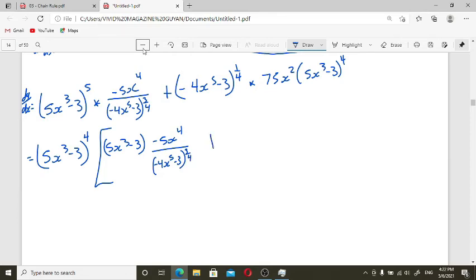Plus, this is the part, minus 4x to the 5th minus 3 raised to the quarter, and I have here now times 75x squared. Now if anyone can explain to me what to do here, I would happily accept that explanation, because all I understood is we don't want this here.